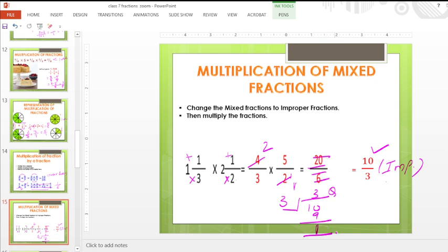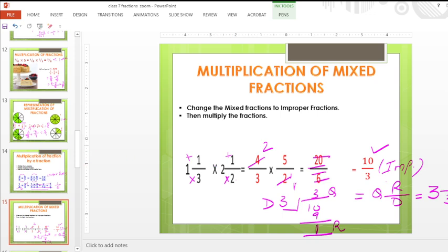So this is your quotient, this is your remainder, and this is your divisor. What did I tell you the formula? Quotient, remainder upon divisor, and this is equal to, what is the quotient? 3, 1 upon 3. And you can check. Multiply and add 1, 9 plus 1, 10 by 3. You're getting the same only. So this is how it's conceptual.